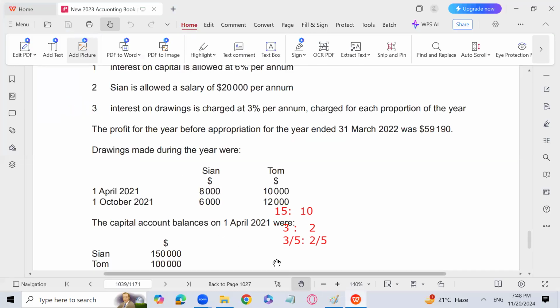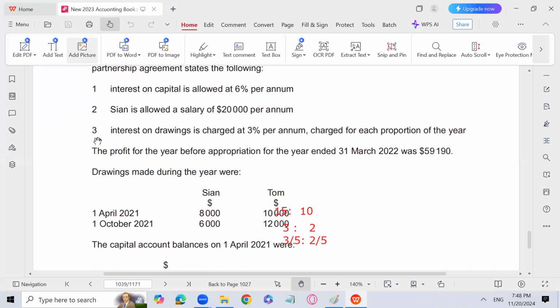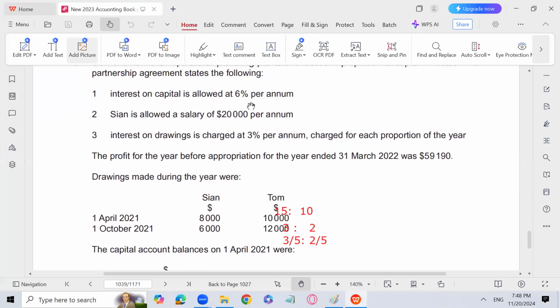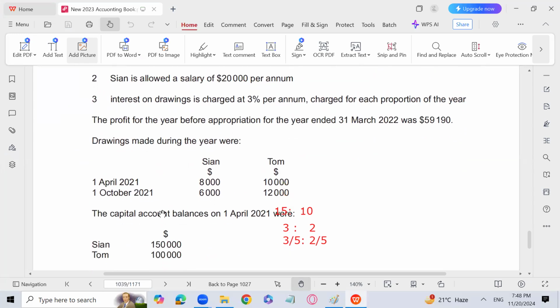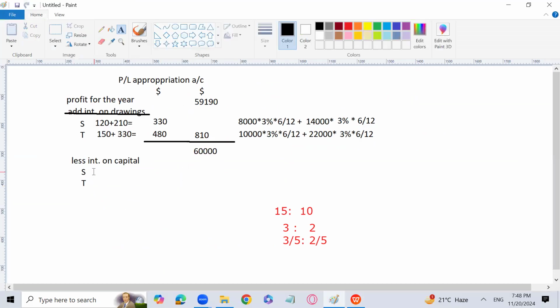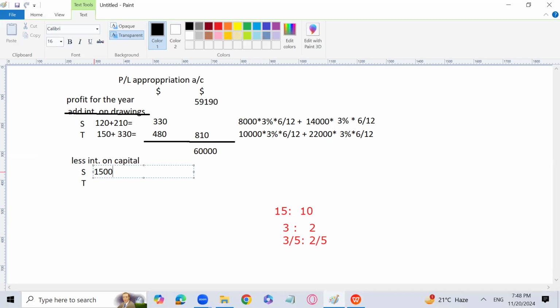So let's talk about interest on capital. Interest on capital is allowed at 6% per annum. It is given here. Let's see. The capitals are 1,50,000 and 1 lakh, and we are supposed to make the payment of 6% on their respective capitals.